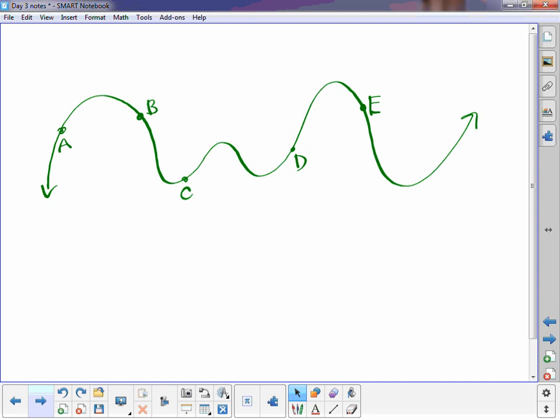Alright, so let's just take a look at how our tangent lines relate to these. Go ahead and just draw in a rough little sketch of your tangent line at each of the points. So you can draw in your little tangent lines on your paper.